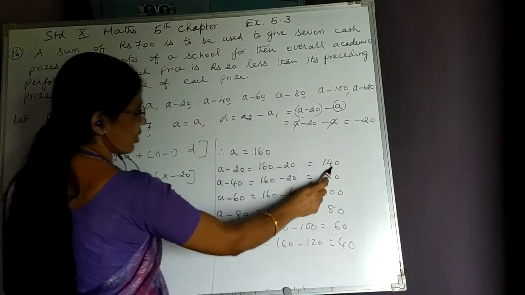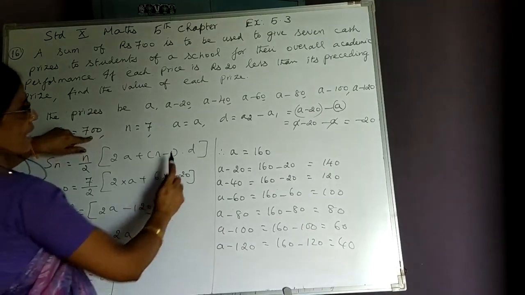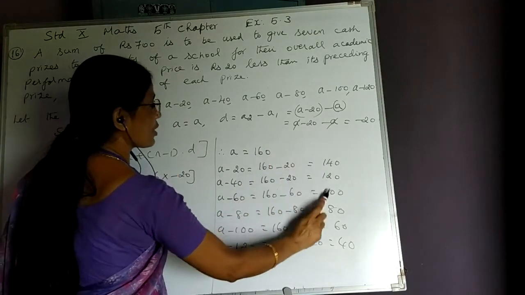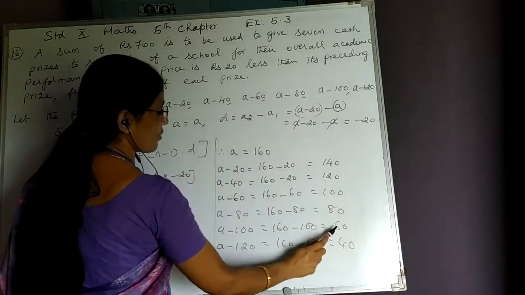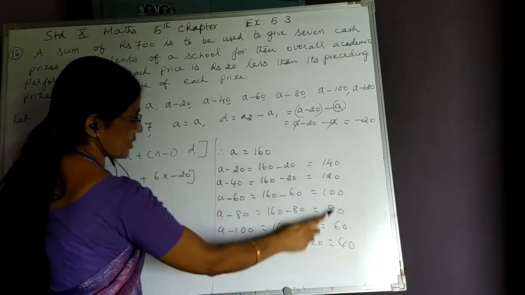So if we add all these 7 prizes, how much will we get? Definitely we'll get 700. And the condition given is the difference between each consecutive term is how many rupees? 20 rupees less than its preceding. Check, we will get it. So 700 is divided among 7 students in this way.